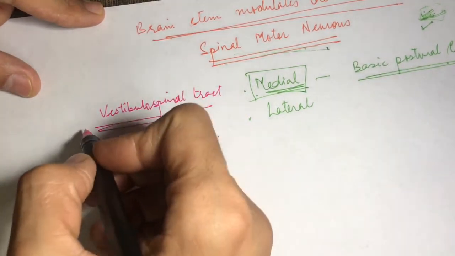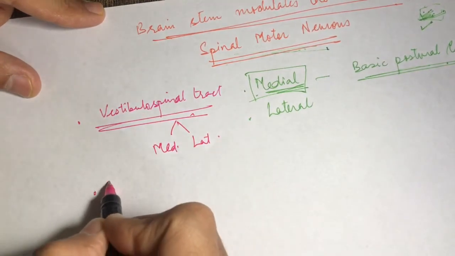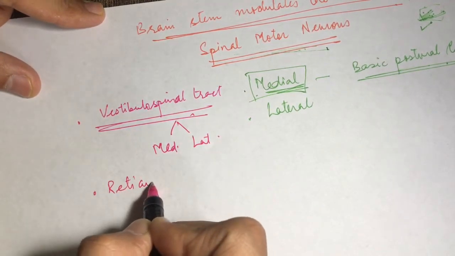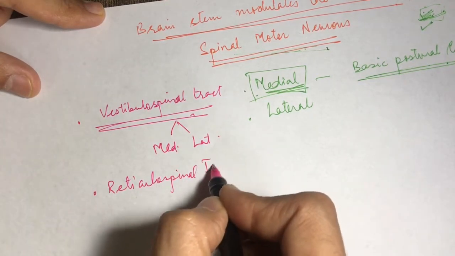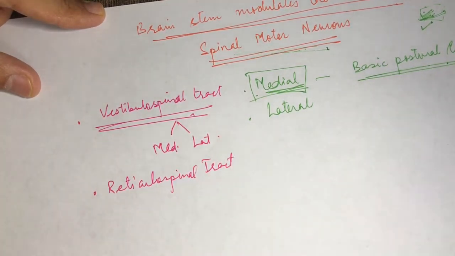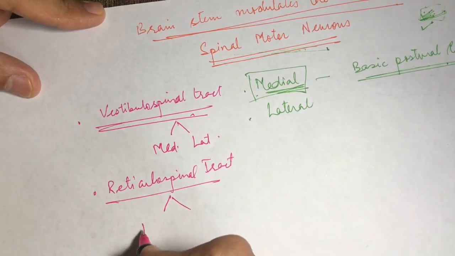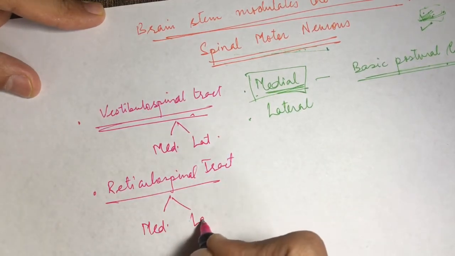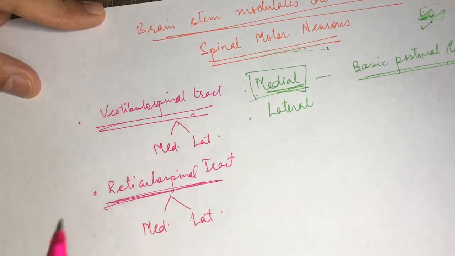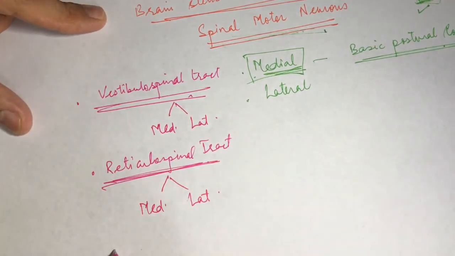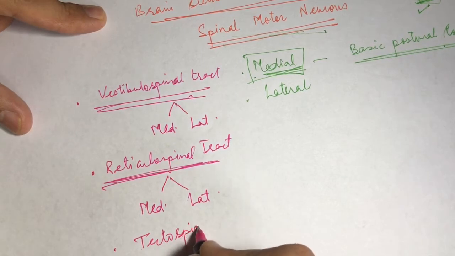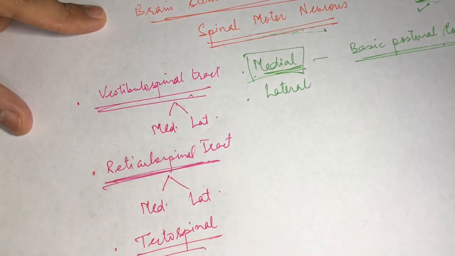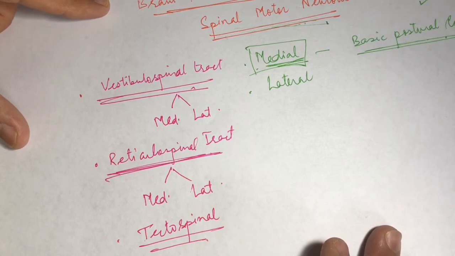Then there is the reticulospinal tract, which is further medial and lateral. It's coming from the reticular formation. Then the third one is the tectospinal tract, that is from the tectum. If you can recall, the tectum is the superior colliculus and inferior colliculus, that is the tectospinal tract.